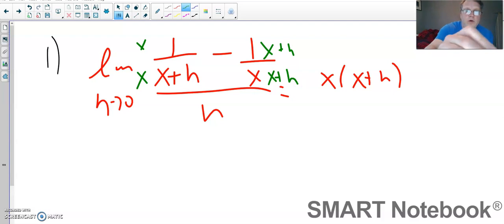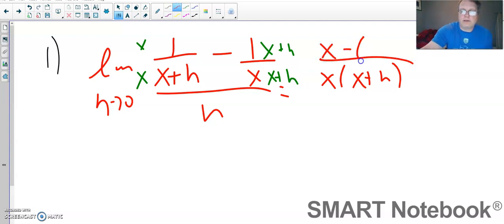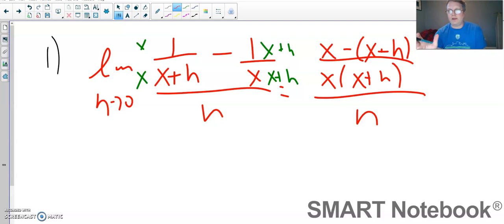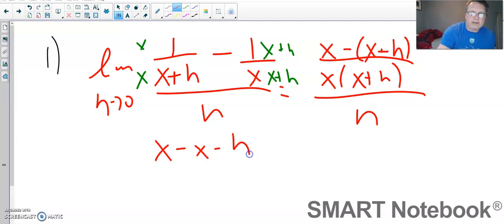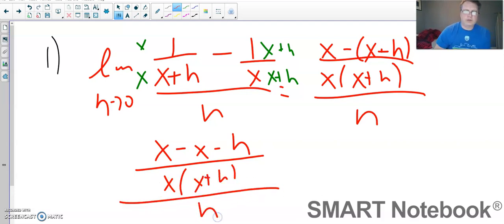Okay, so we then have x minus x plus h all over h like that. Don't cancel things. Don't cancel those x plus h's and the x. Okay, drive me crazy. So then it goes x minus x minus h all over x plus h all over h.